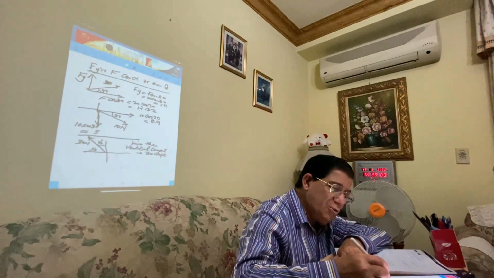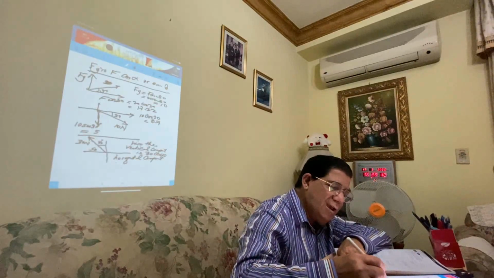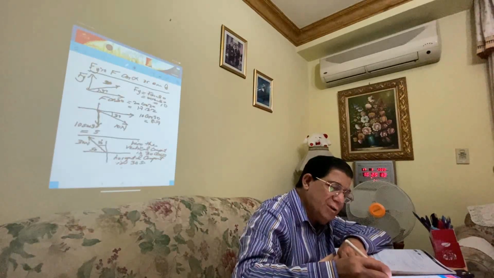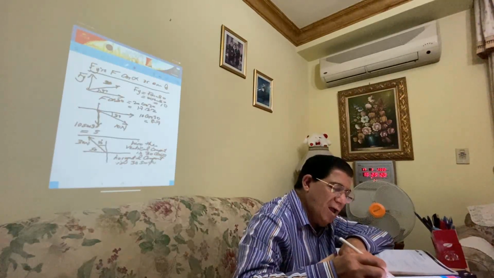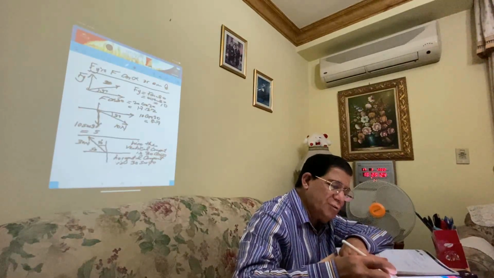And the horizontal component is 30 sine 40. I could say 30 cosine 50, but I'd like to use the angle 40.